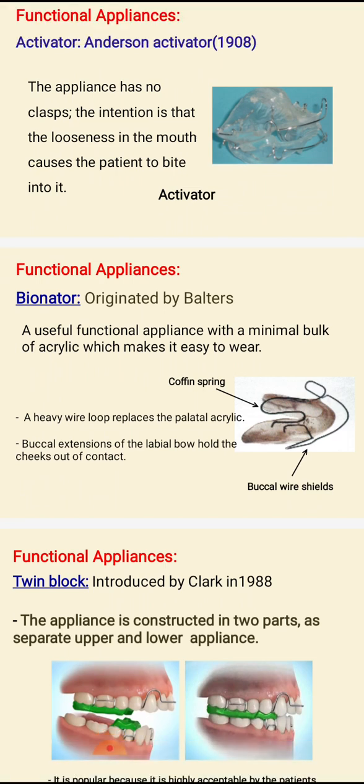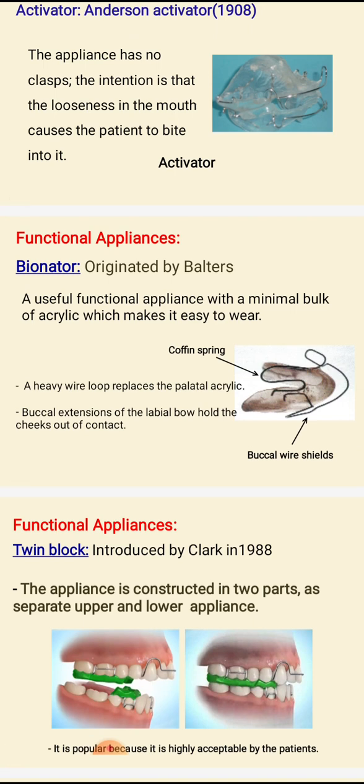It could include a coffin spring to expand the maxilla. Sometimes we need to expand the maxilla in class 2 malocclusion, especially class 2 division 1, because the arch is tapered or V-shaped. So sometimes we have a posterior crossbite and we need to expand the maxilla, so we can add a coffin spring to the bionator.